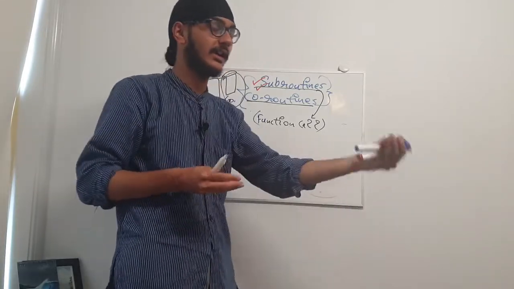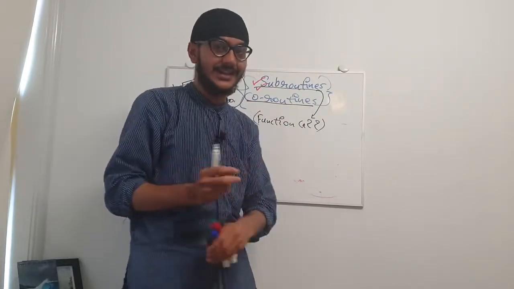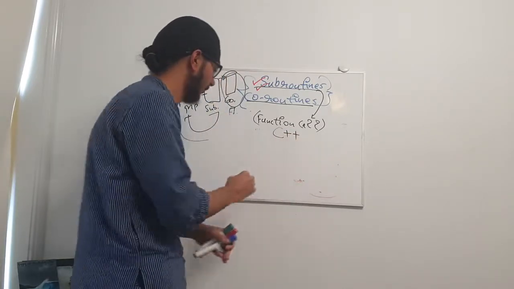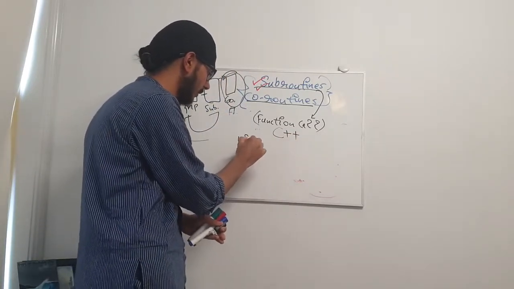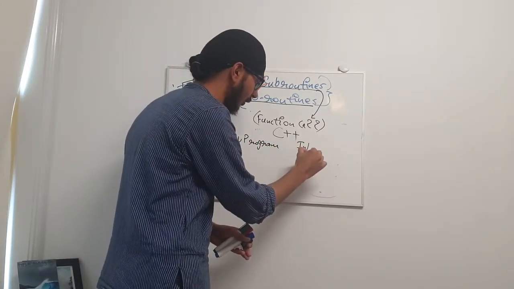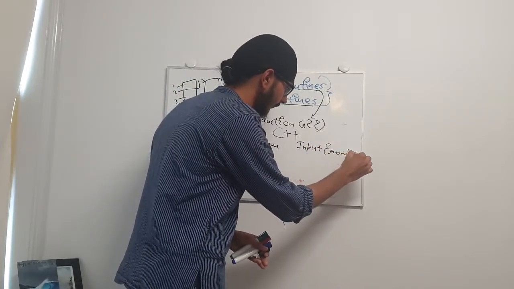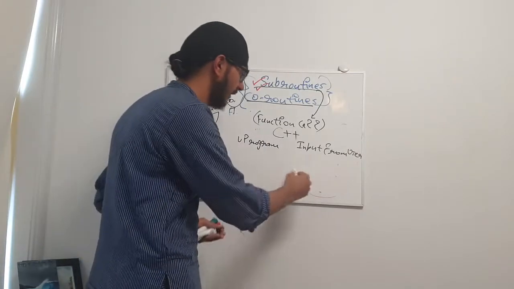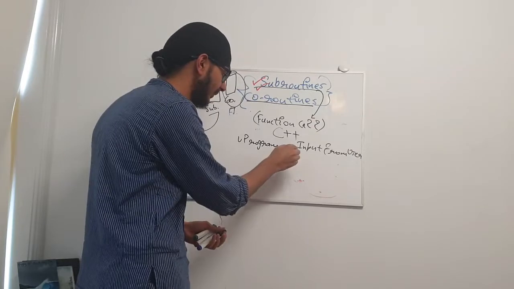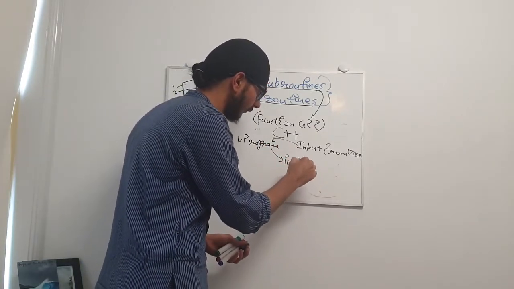Moving on to an example, in C++ we are writing a program where we get input from the user, and then we output it, putting it on the screen.